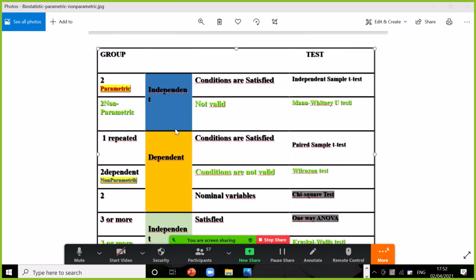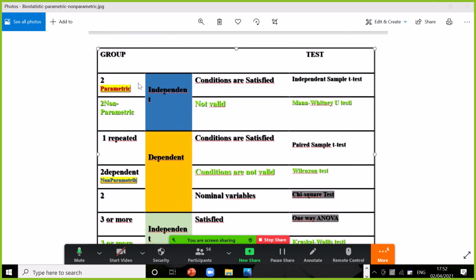Okay, here we have seen that there are parametric tests and non-parametric tests. So if we have normal distributions, then we can use parametric tests. And if we have two independent variables, like maybe female, male, okay, two independent variables, then we can use independent sample t-test.